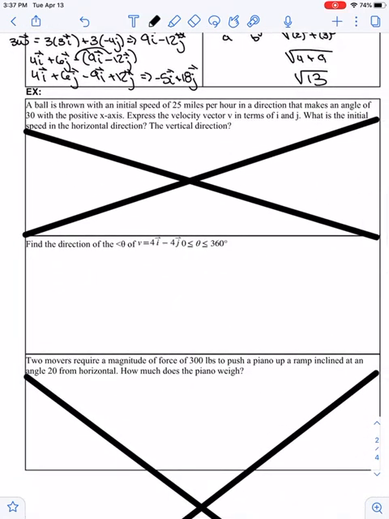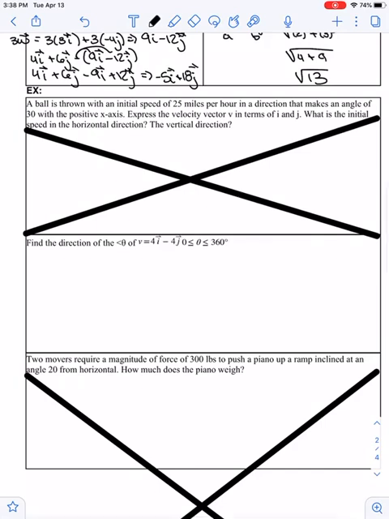Alright, like I told you in class, we're going to skip the word problems for this year, and I'm going to go ahead and go on to this problem of finding the direction of the vector. And we want to find that direction between 0 degrees and 360, or 0 to 2 pi. So first you want to draw what this vector looks like. So first we do the i, which is in the positive 4 direction.